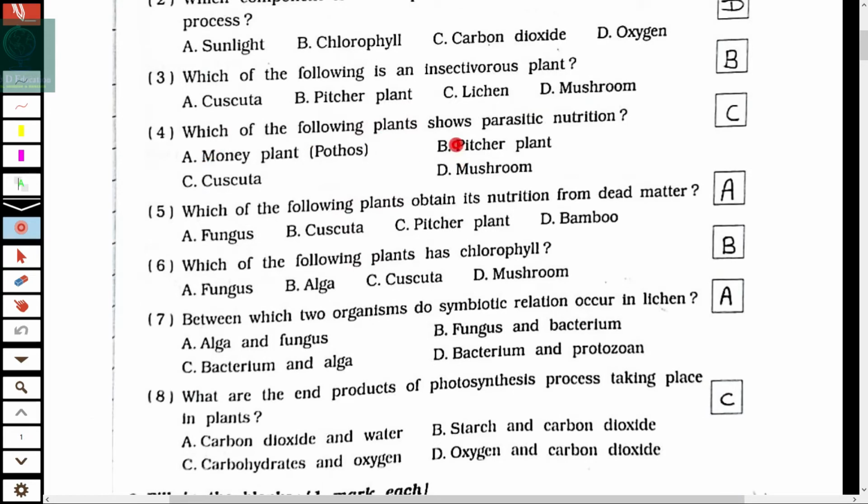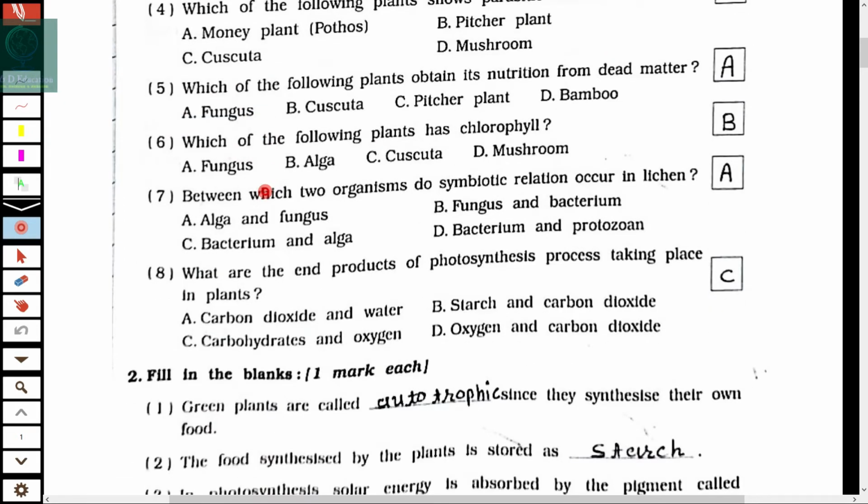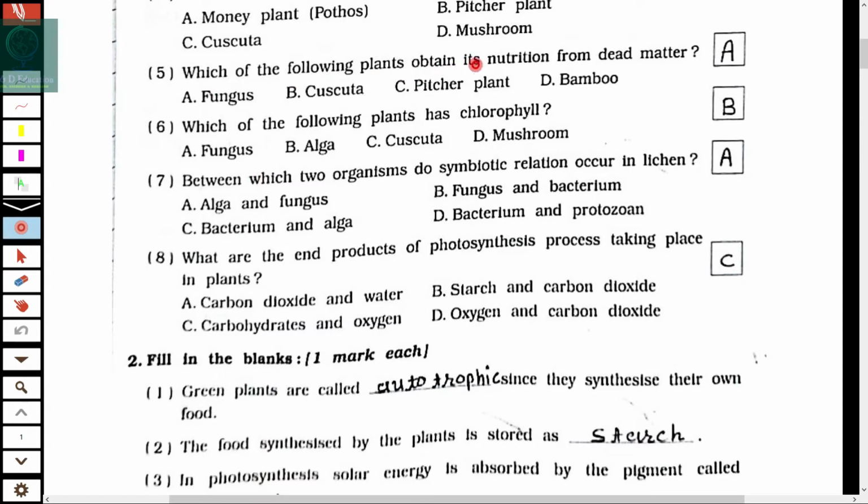Which of the following plants shows parasitic nutrition? So the answer is Cuscuta. Okay. Now the fifth question: which of the following plants obtains its nutrition from dead matter? So the answer is fungus. Now the sixth question: which of the following plants has chlorophyll? So the answer is alga.